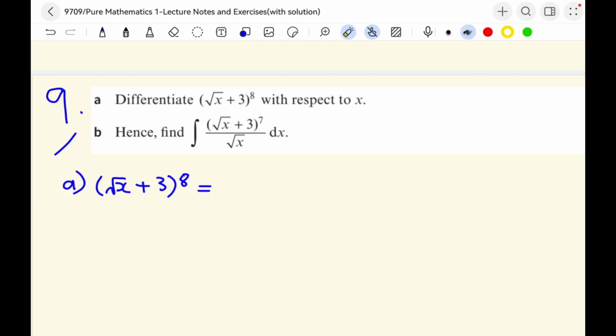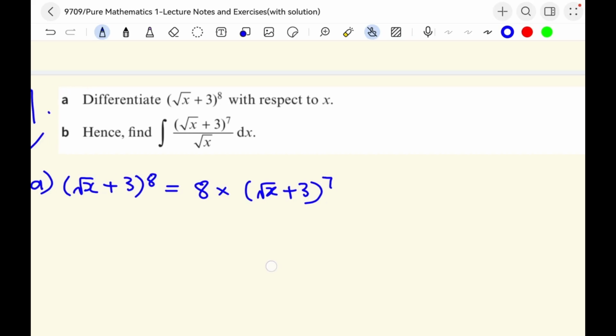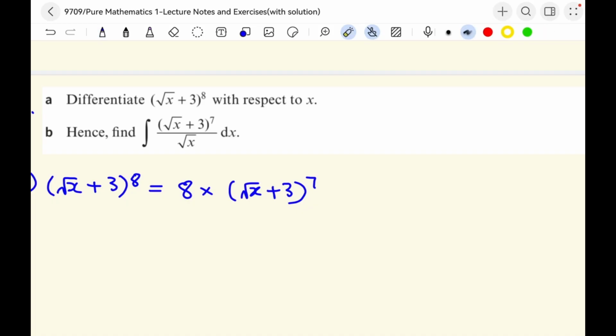First thing first, remain this function, copy the bracket over here. The power is 8, so move it down and multiply: 8 times this particular function, and deduct the power by 1, which is 8 minus 1, which is 7. And don't forget, by following the chain rule, you must differentiate the inside function as well.